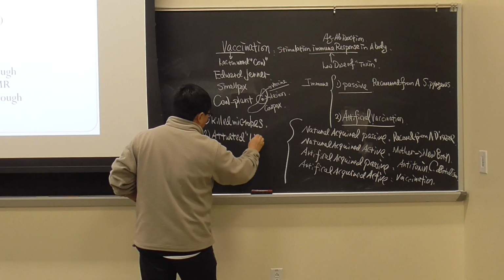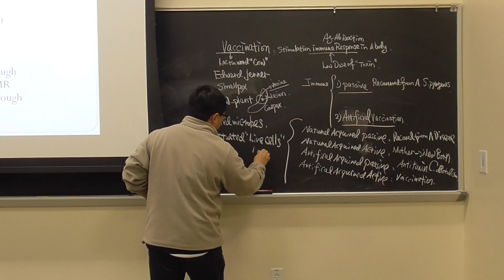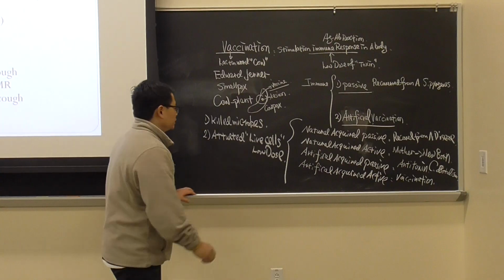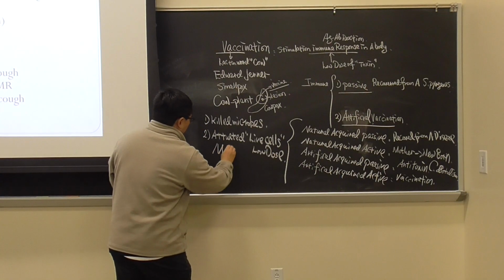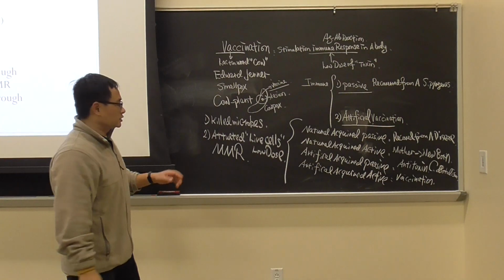But the most effective immune, the vaccination, is the attenuated one. This is live cell, but low dose. A very good example, MMR. Mumps, measles, and rubella.